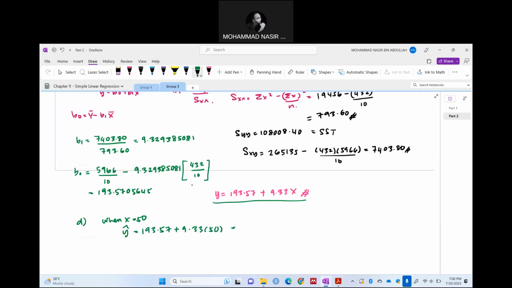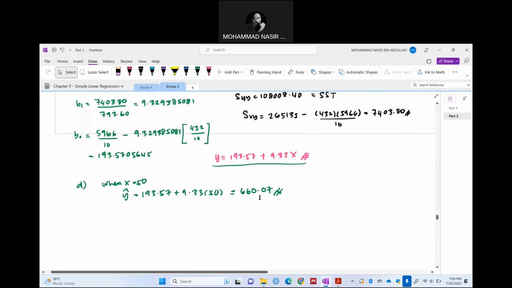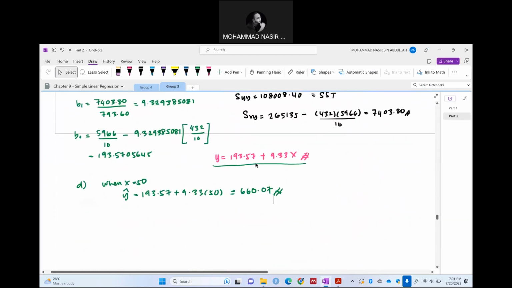So this is equal to 660.07. Right. So once you got the value, compare with the original table data. When X equal to 50, Y should be around 600 to 700 lah. Okay. Any questions so far?